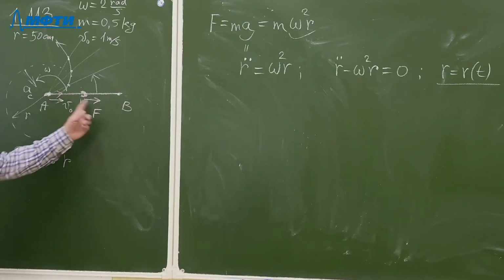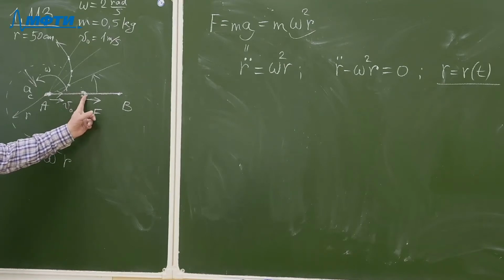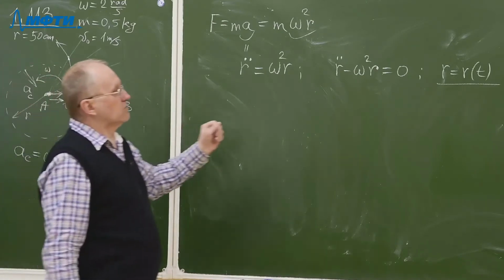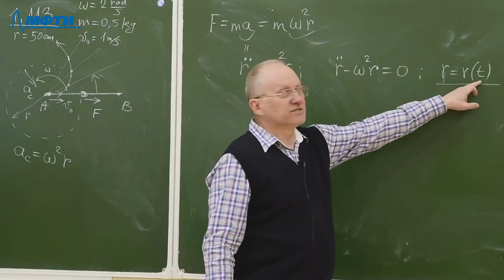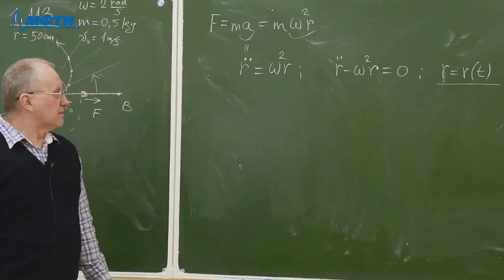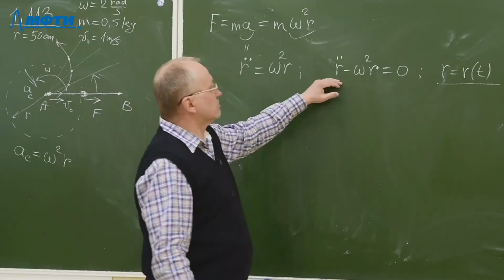What is the dependence of the ring coordinate r, that is the distance of the ring from point A? How this distance changes in time, what is the time dependence of this coordinate. It can be found if you solve this differential equation.